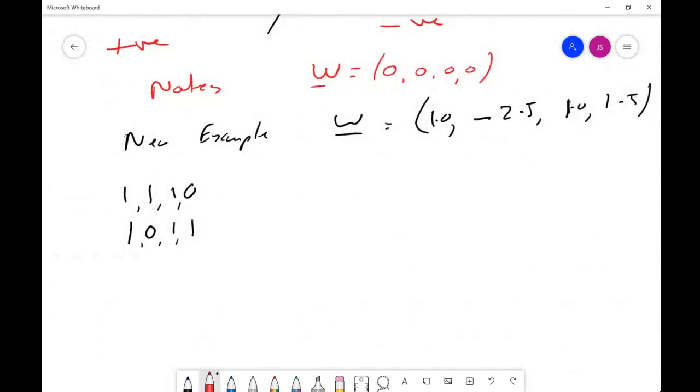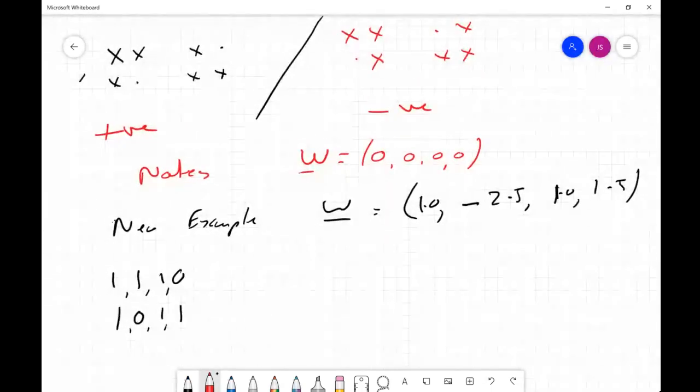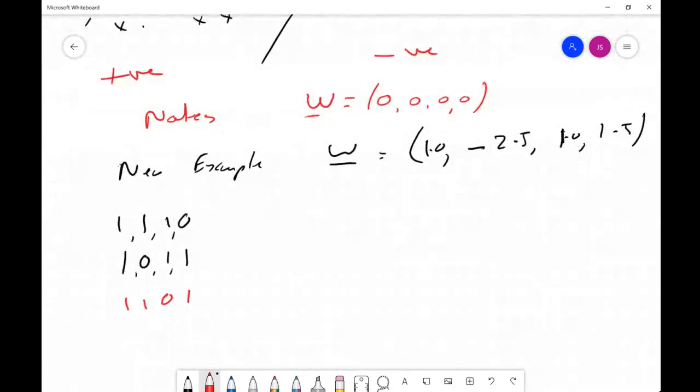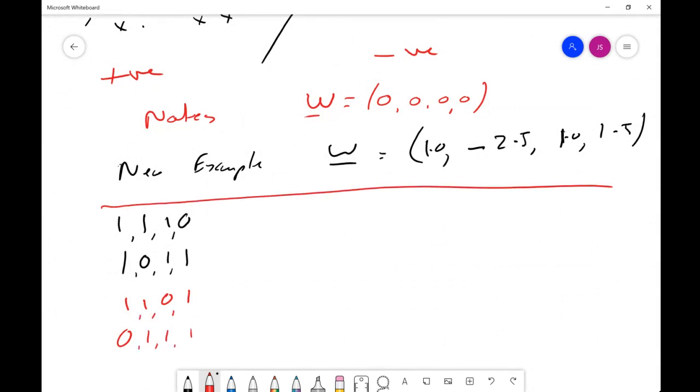And for the red class, we would get 1, 1, 0, 1, and 0, 1, 1, 1. Again, vectors. So this is the pattern, vector I. The class, which you have assigned. Class here is positive, positive, negative, negative.